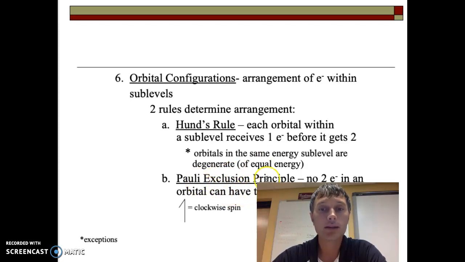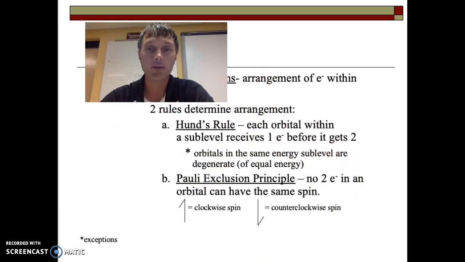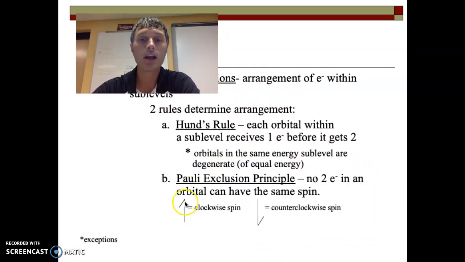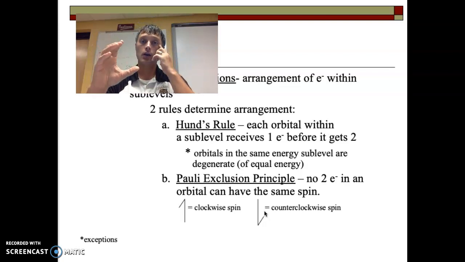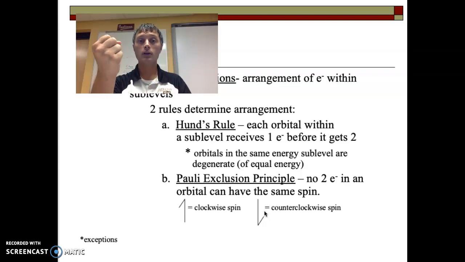And then the Pauli exclusion principle may be beyond you, may not. That is right at our sweet spot. Essentially it says that no 2 electrons in an orbital can have the same spin. Let me move myself out of the way here. So we've got up spins and down spins. This is probably new to your atomic structure knowledge. Electrons, you can think of them as point particles, but they're also waves.